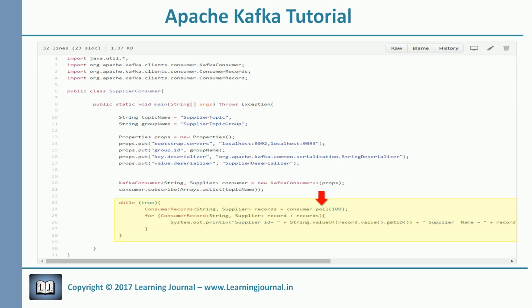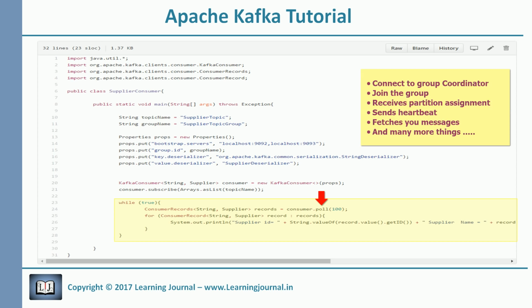The poll function is pretty powerful and takes care of a lot of things. It handles all the coordination, partition rebalances, and heartbeat for group coordinator and provides you a clean and straightforward API. When you call poll for the first time from a consumer, it finds a group coordinator, joins the group, receives partition assignment, and fetches some records from those partitions.